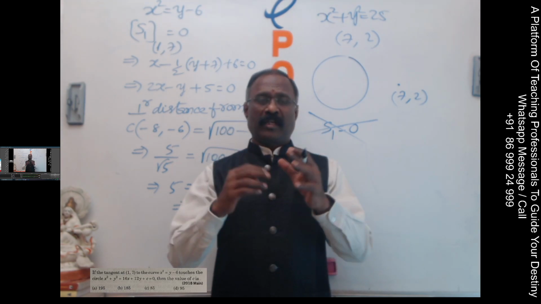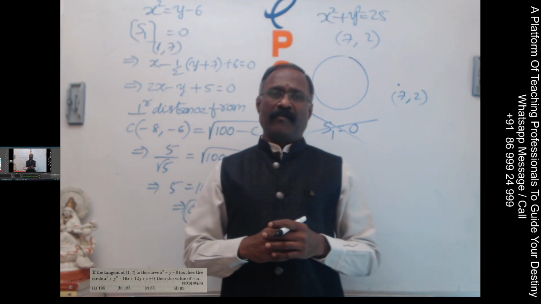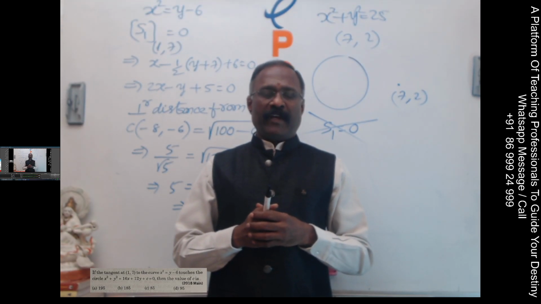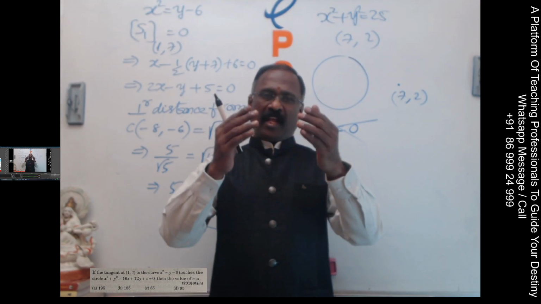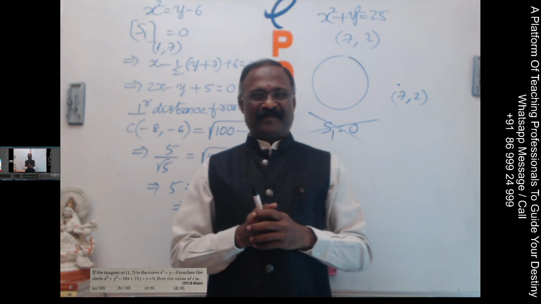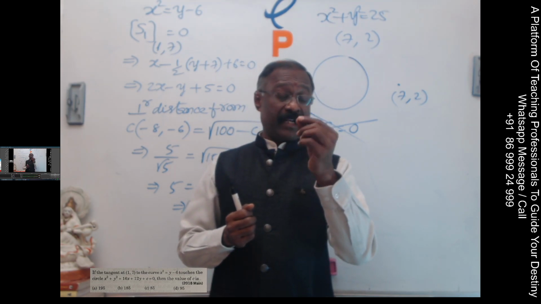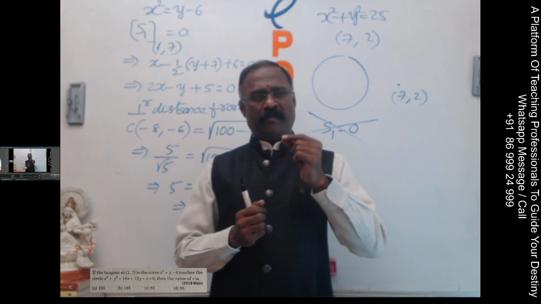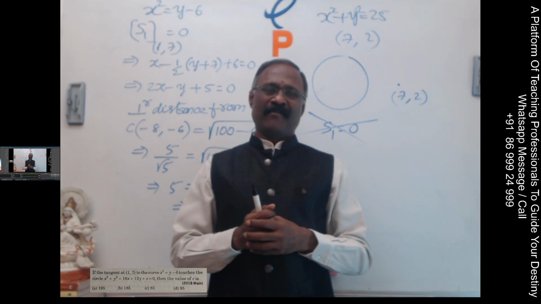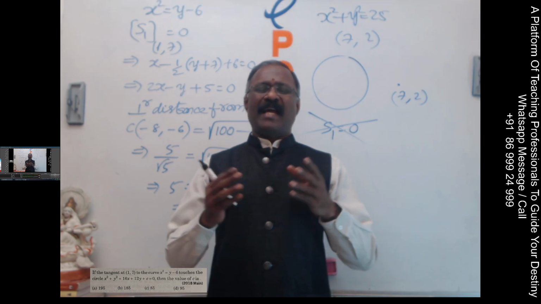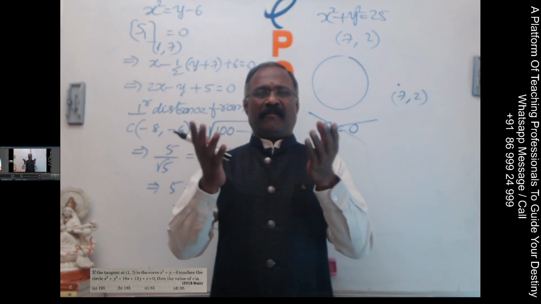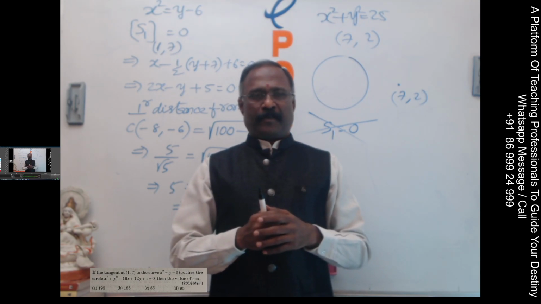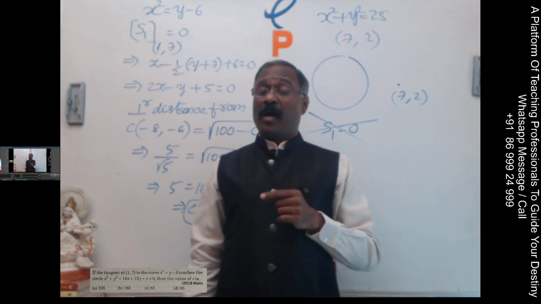In the calculus applications of derivatives, tangents and normals is a topic in which you find dy by dx at a particular point, and that point must lie on the curve. If the point is lying outside the curve, then the first derivative at that point will not give you the slope. So, very important point.